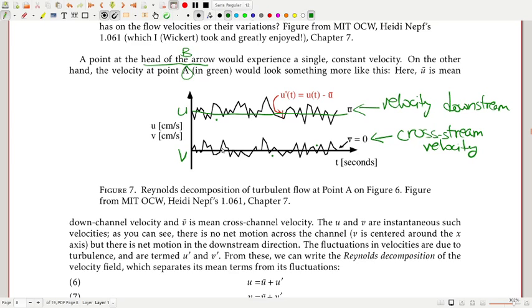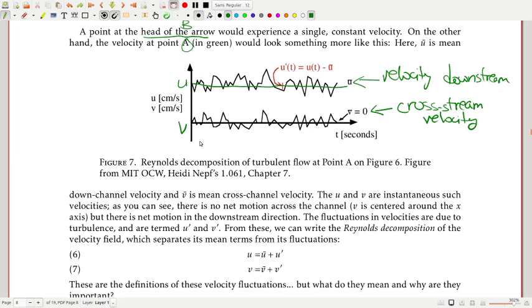Well, first let's think about how we can describe this in a simple mathematical way. And before we even do that, let's think about this physically.